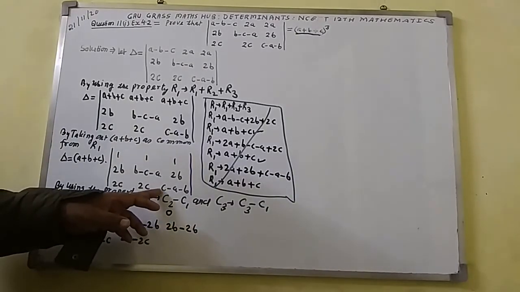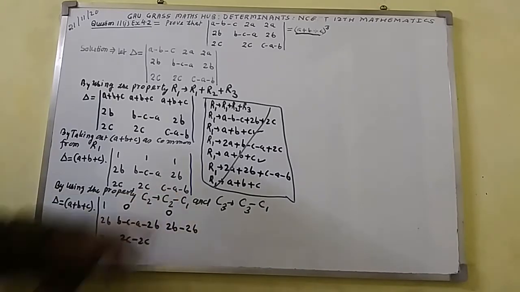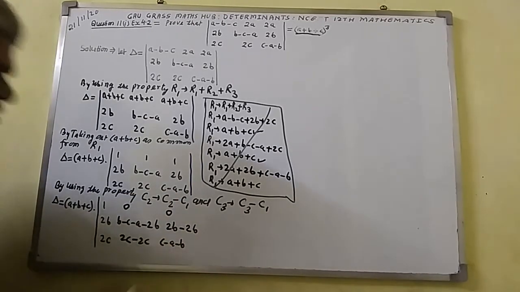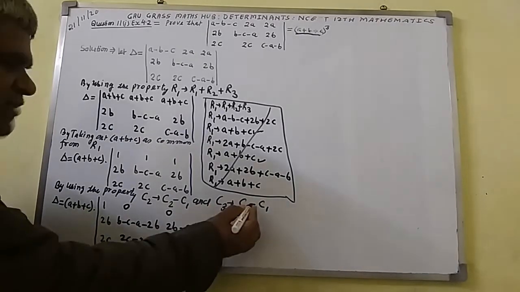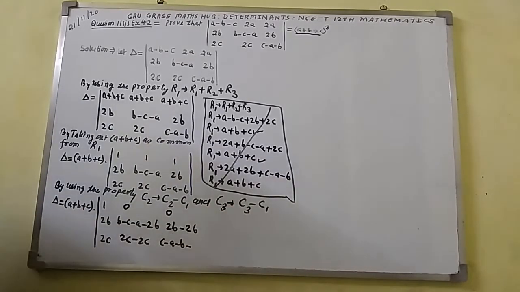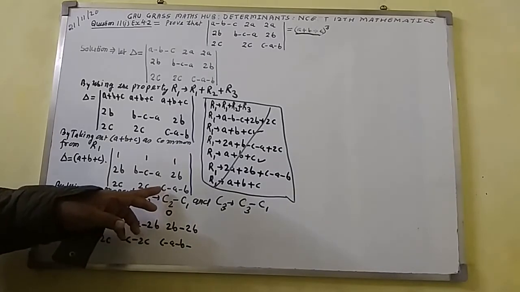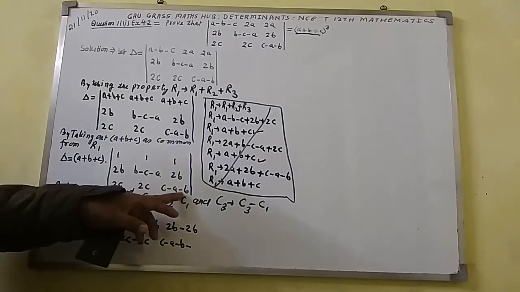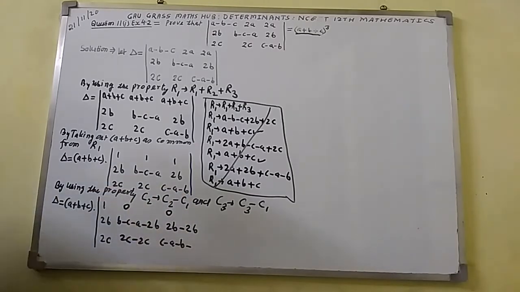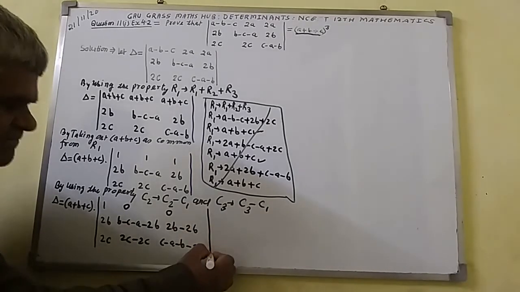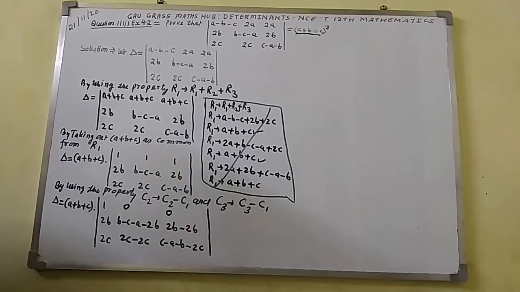And if I take the element of C3 as C minus A minus B, minus is there, this minus will be reflected here. The corresponding element of C minus A minus B in the first column is 2C. So here 2C. This thing will get here.